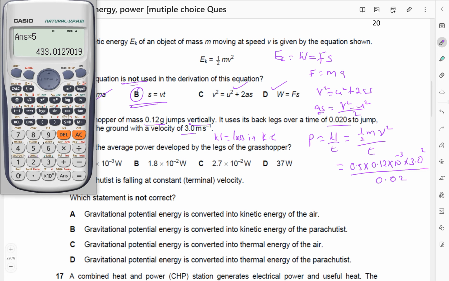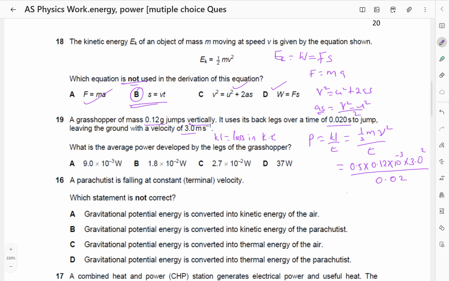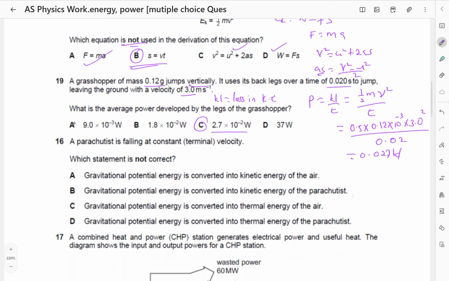So 0.5 times 0.12 times 10 power negative 3 times 3 squared, divided by 0.02, which gives us 0.027 watts, which makes our answer C, 2.7 times 10 power negative 2 watts.